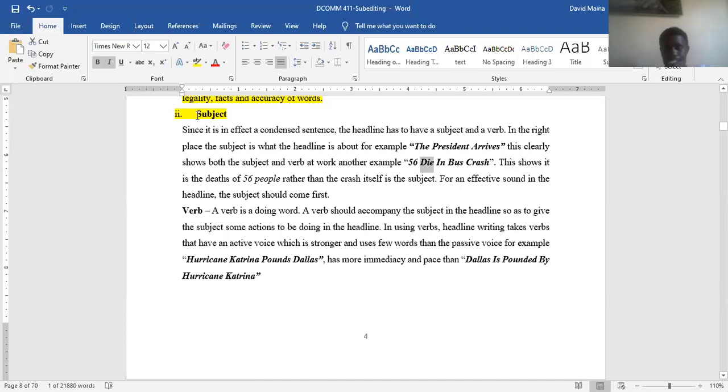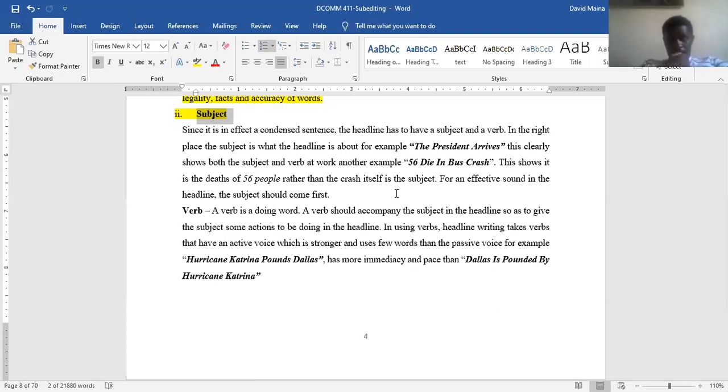you are very keen when you're selecting your subject. Let me give you an example. Suppose I have selected my subject to be the president and somebody else has selected his subject to be Governor Waititu, the former governor of Kiambu.